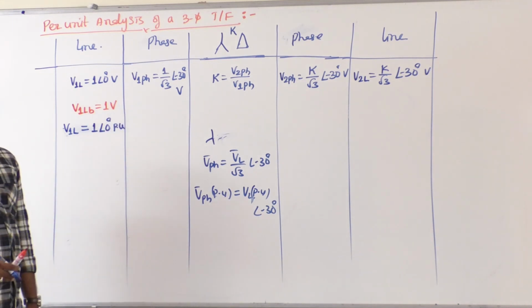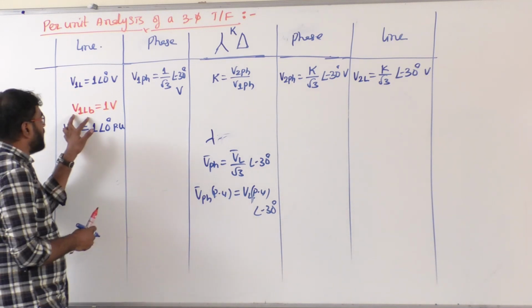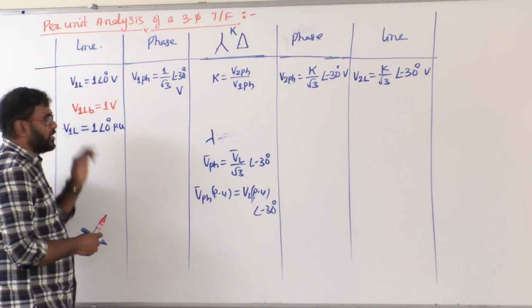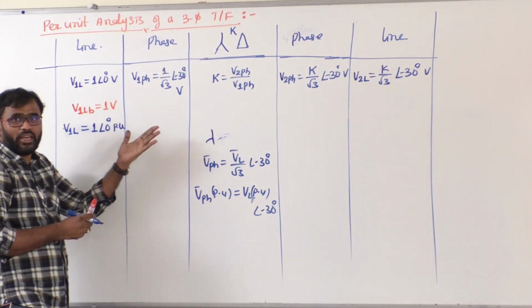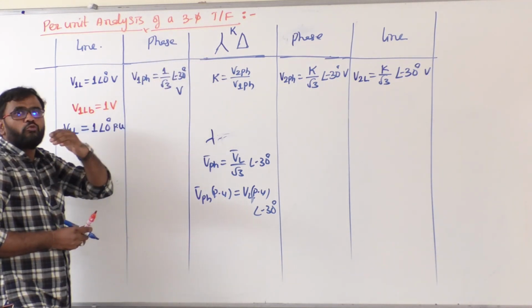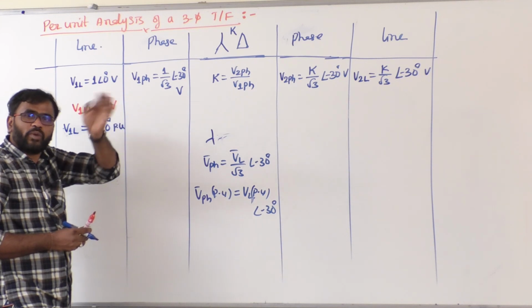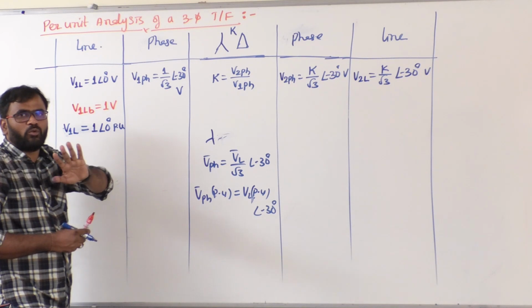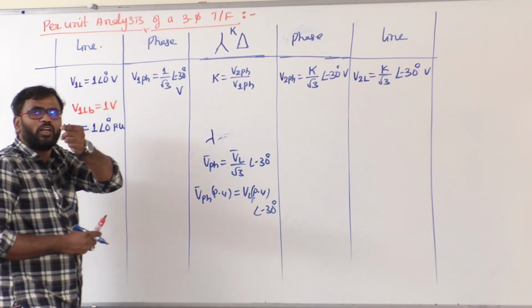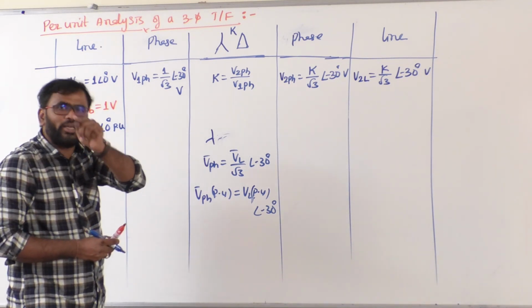Clear? Now if this is the line voltage base, what is the phase voltage base for the star connection? The primary is star, careful. For a star connection, phase voltage base equals line voltage base by root 3. At an angle minus 30 will come? No. Phase angle will not come for base quantities, because by default base quantities represent only magnitude.